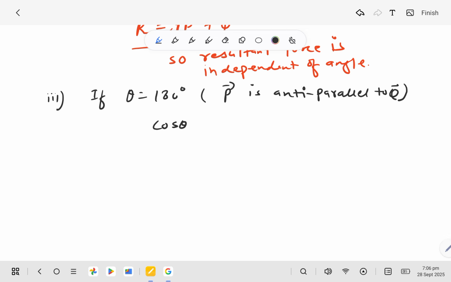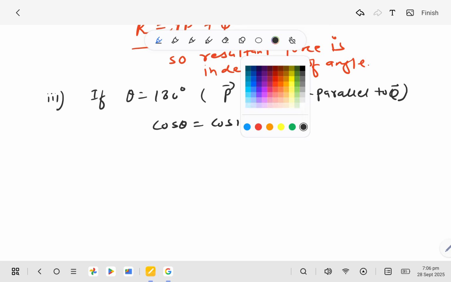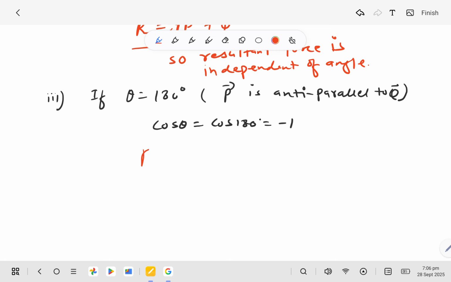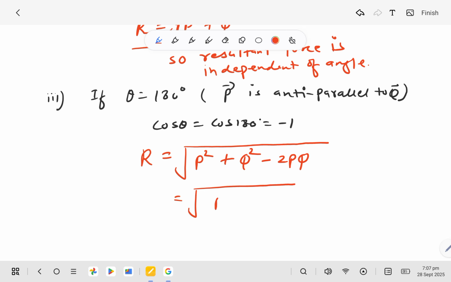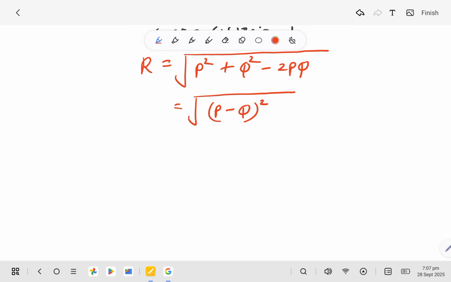In this case, cos theta equals cos 180 equals minus 1. So the resultant force will be P square plus Q square minus 2PQ, or we can write P minus Q whole square.